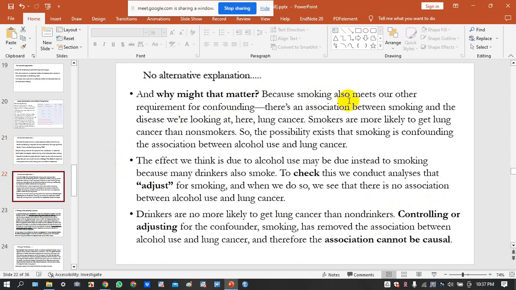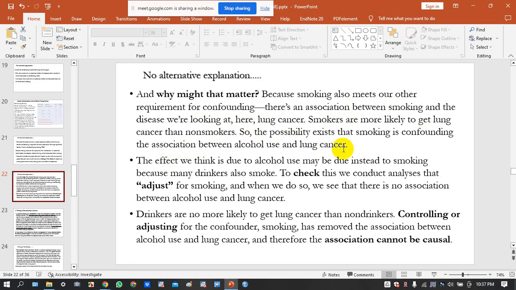Because smoking also meets our other requirement for confounding. There is an association between smoking and the disease we are looking at, here, lung cancer. So smokers are more likely to get lung cancer than non-smokers. So the probability exists that smoking is confounding the association between alcohol use and lung cancer.